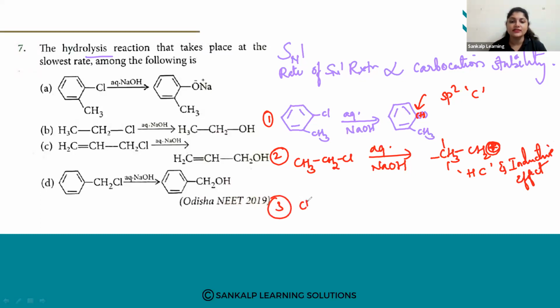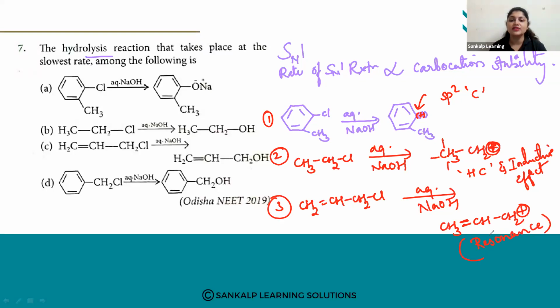Then next is CH2=CH-CH2Cl in the presence of aqueous NaOH. What reaction takes place? Here it will be CH2=CH-CH2+. There is a double bond involved, so there will be resonance, and the charge can be stabilized by resonance.